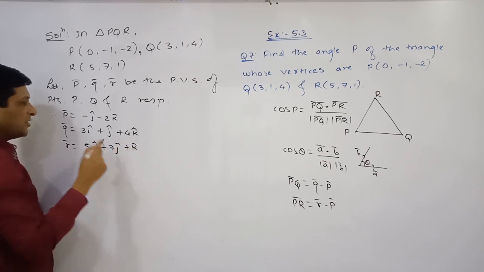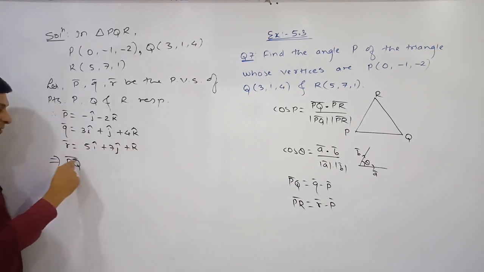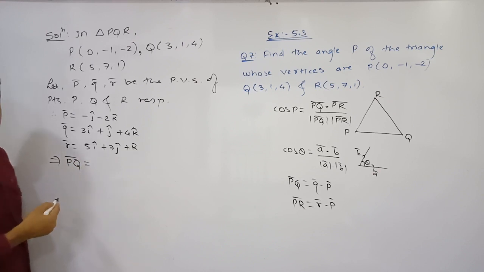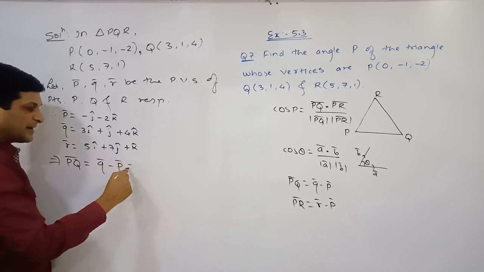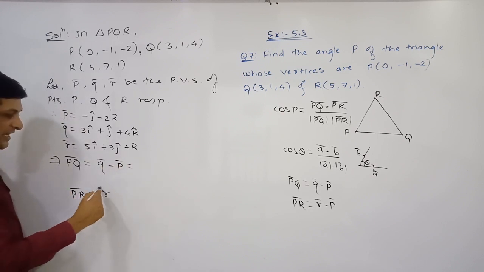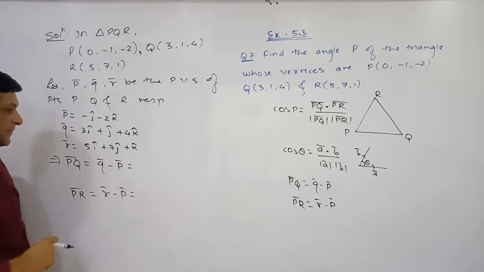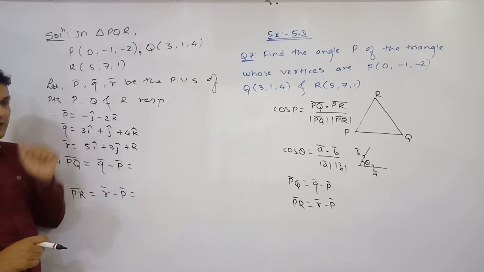Once the values of P bar, Q bar, R bar are known to us, this implies that PQ bar will be equal to, now we are finding the value of PQ bar. PQ bar in terms of position vectors can be written as Q bar minus P bar, and PR bar can be written as R bar minus P bar. The value of Q bar is already known to us, and the value of P bar is also known to us.